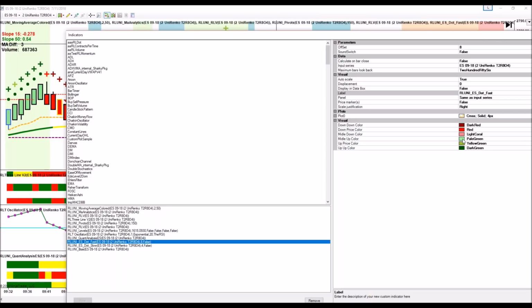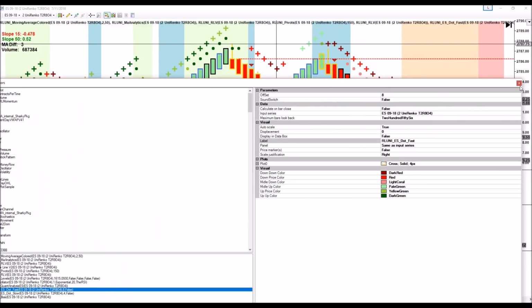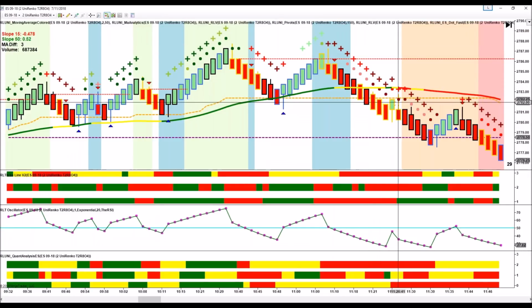Then you have this very pale green, the yellow green, and then the dark green. So those are giving you the strength of the trend, and they do matter. I don't look at them that carefully, but you actually should pay attention to them because they do have predictive value.